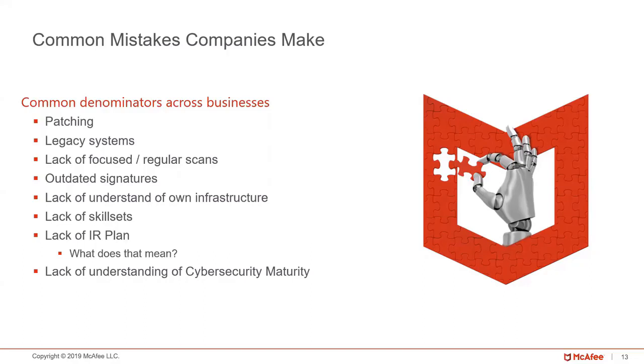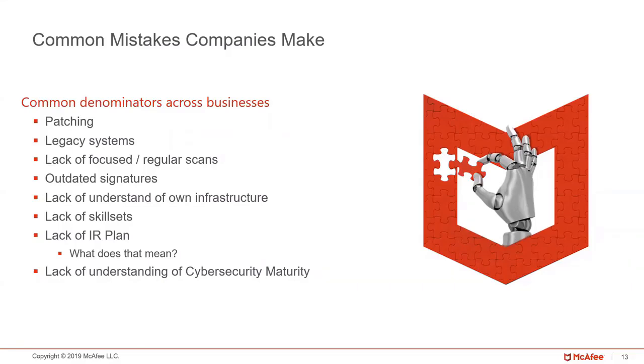Again, I addressed before lack of understanding of one's own infrastructure. You need to prepare for this in advance. Lack of skill sets. Do you have people who can perform forensics? Do you have a company that you can bring in to help? Lack of an incident response plan.